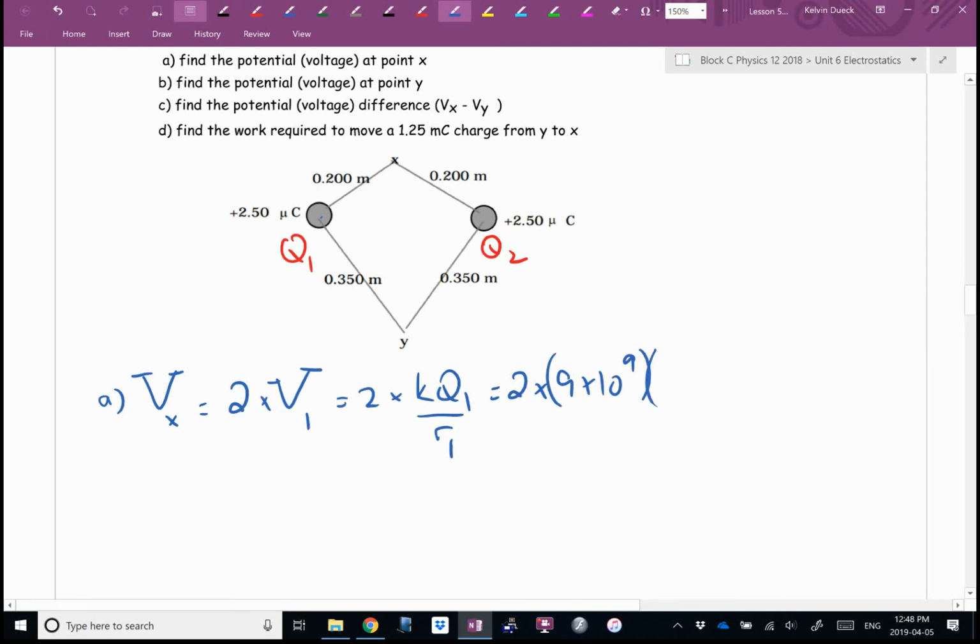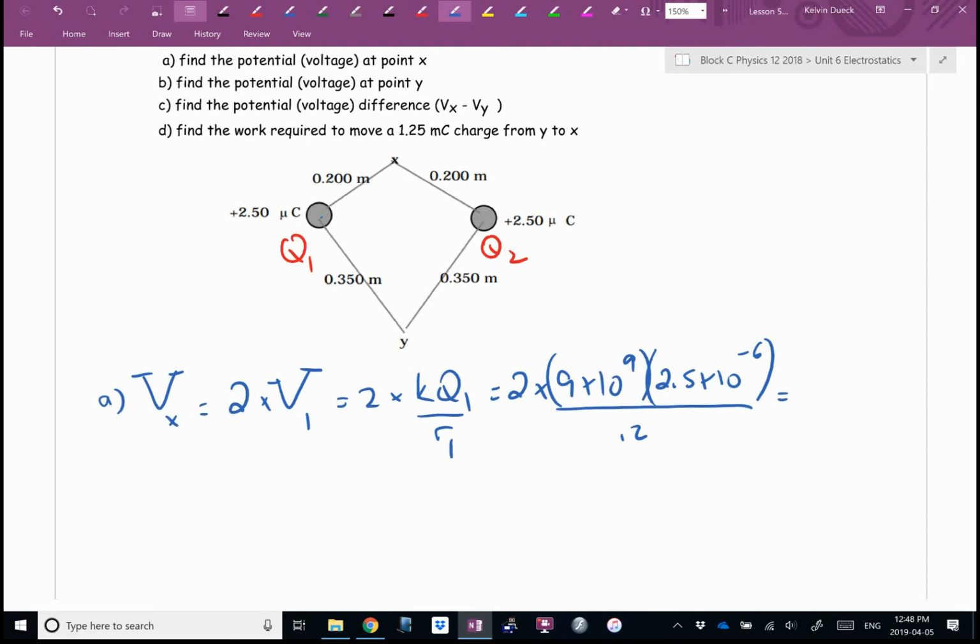If it was negative, I would put a negative in here, but positive 2.5 times 10 to the negative 6, all over 0.2. I think this works out evenly. Yeah, it does. Should get something in the 100,000 range, I think.